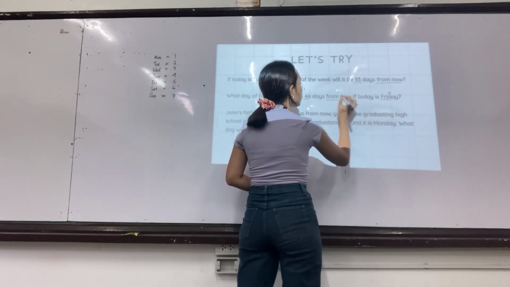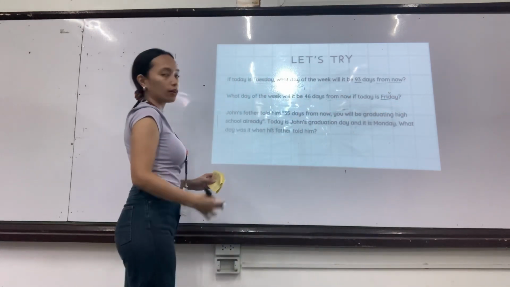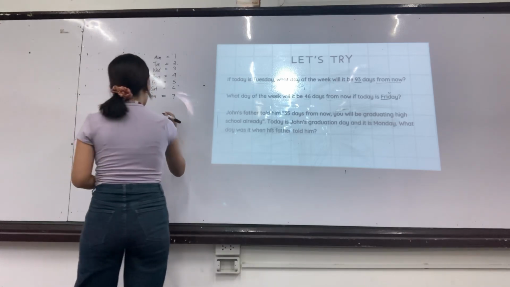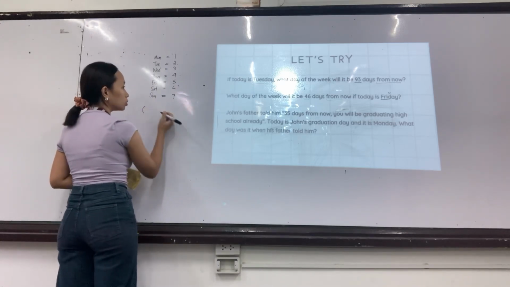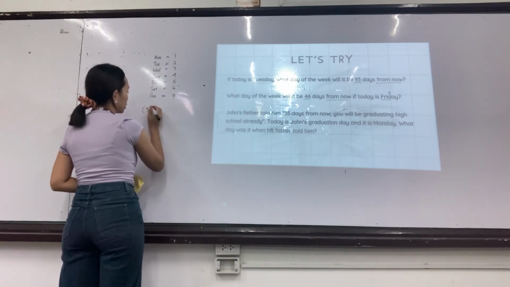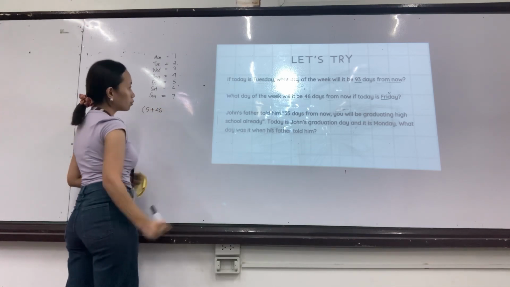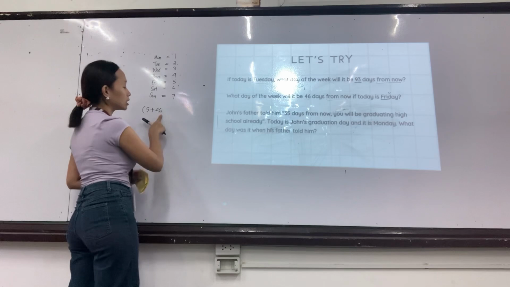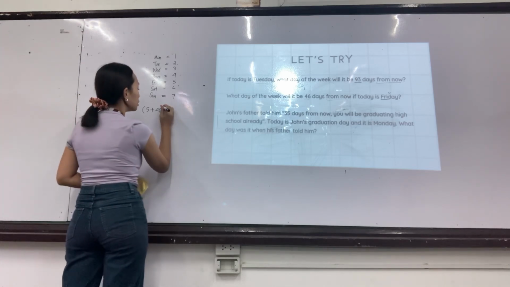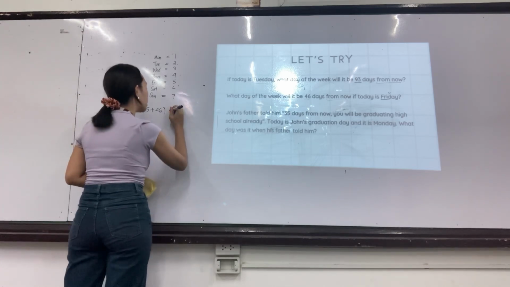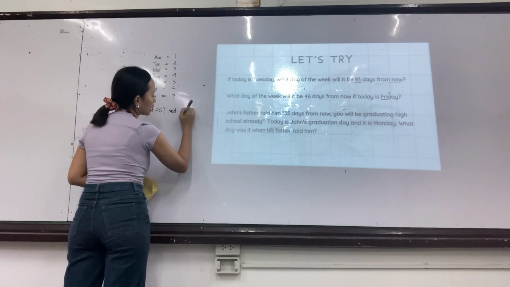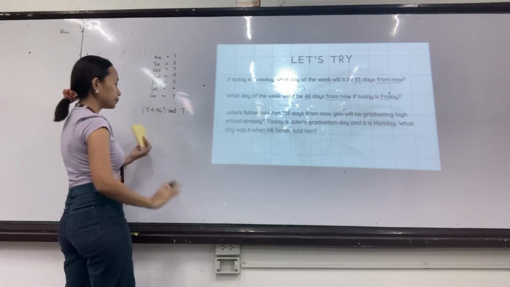And then the keyword from now means after, so we are going to use addition. So Friday is 5, and we are looking for the day of the week 46 days from now. So we write 46 and then modulo 7 because we are still dealing with days of the week.